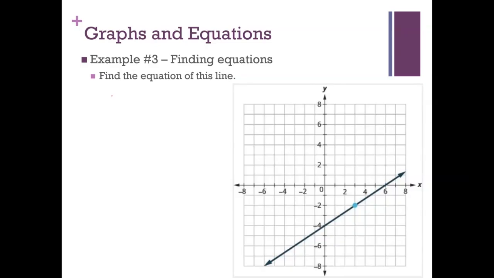We can still set the goal the same way, y equals mx plus b. But I don't have any written descriptions of this. Can we figure out what the slope is, or the y-intercept?